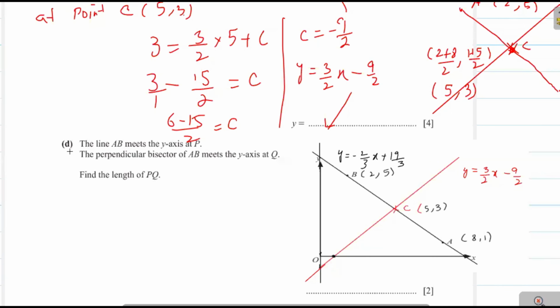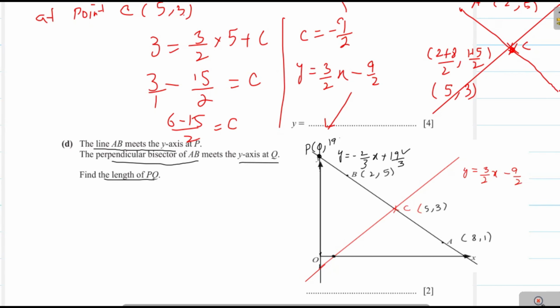Part D: the line AB meets the y-axis at P, and the perpendicular bisector of AB meets the y-axis at Q. Find the length of PQ. Now you see here, this is the line AB. It meets the y-axis at point P, where the x coordinate will be 0, and the y coordinate, from the equation of the line, is the y-intercept.